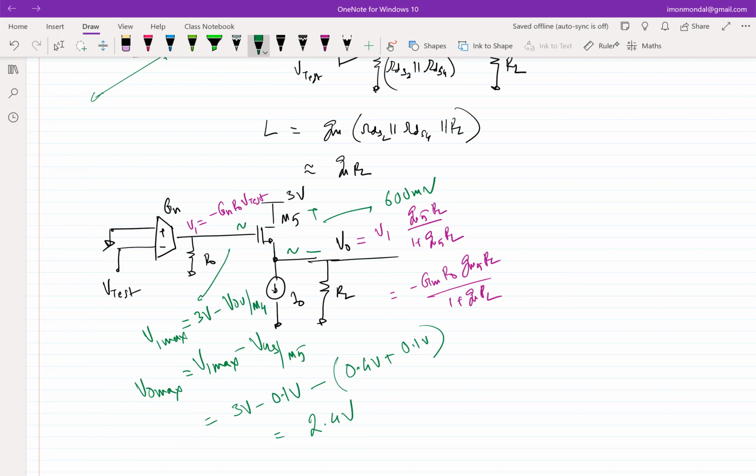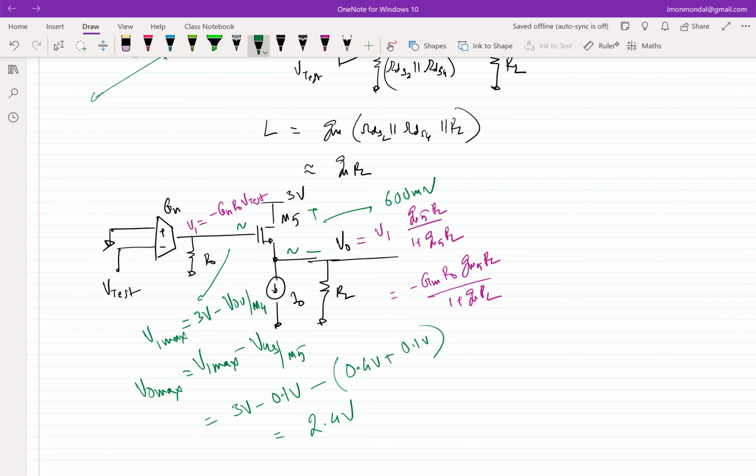If it's not obvious, let's go back one more step. Are you okay with the fact that V1 max is 3 volt minus V overdrive of M4? So what will be the V0 max? You have to keep the VGS of M5. If you don't keep the VGS of M5, V0 will not be whatever you want, right?